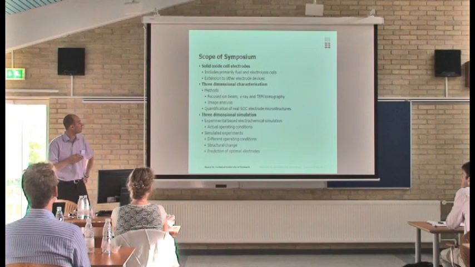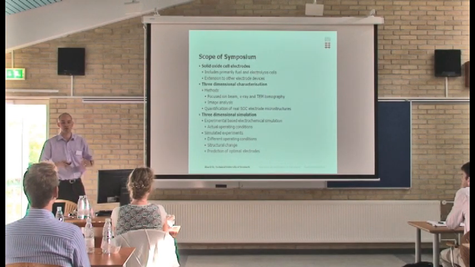Obviously there's 3-dimensional characterization, and we're focusing on the methods and also the quantification of these electrode structures. So for the methods, we're talking about focused ion beams, X-rays, and maybe there'll be some scope for thinking about the possibility of TEM tomography in the future. And of course, once you've collected the data, you need to do image analysis, so this is another important topic of the symposium today.